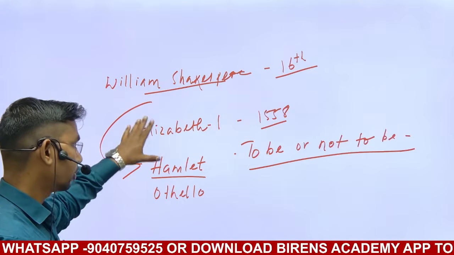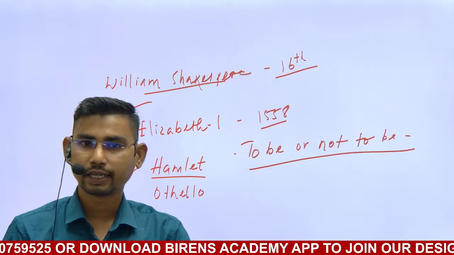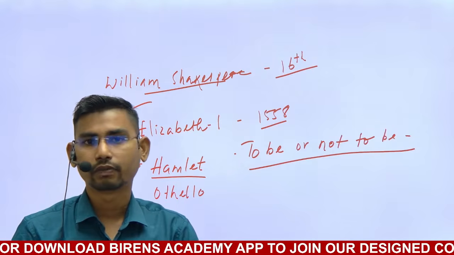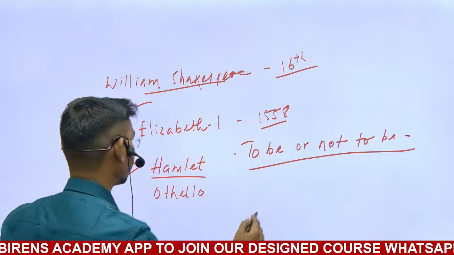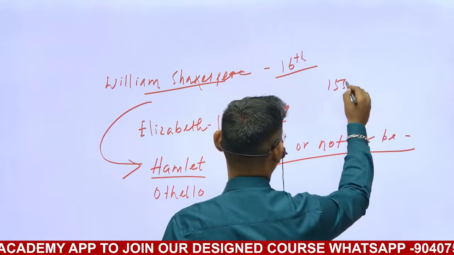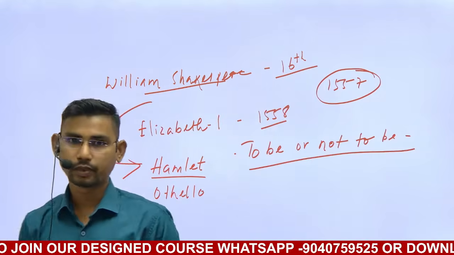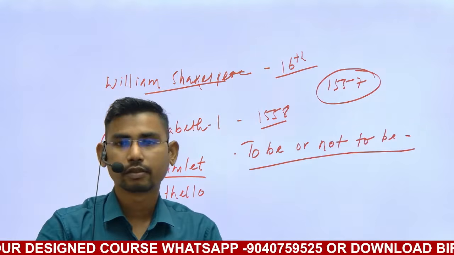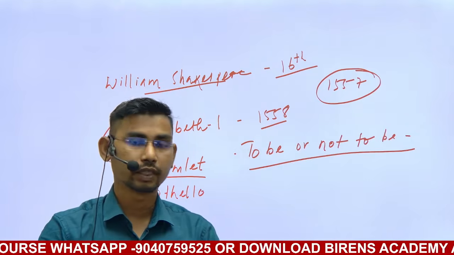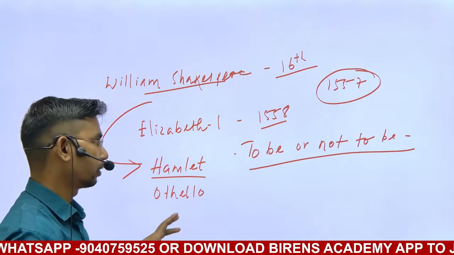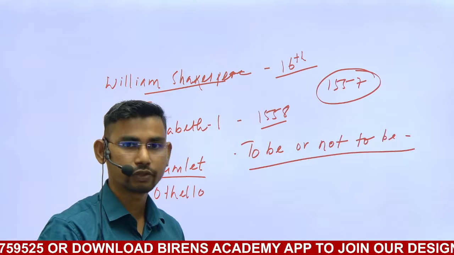Okay, we can say that the barren period ended, and again literature flourished in the Elizabethan period. But before that, in 1557, another book of poems was published, which was Tottel's Miscellany. Tottel's Miscellany was very famous, and it revived English literature again.